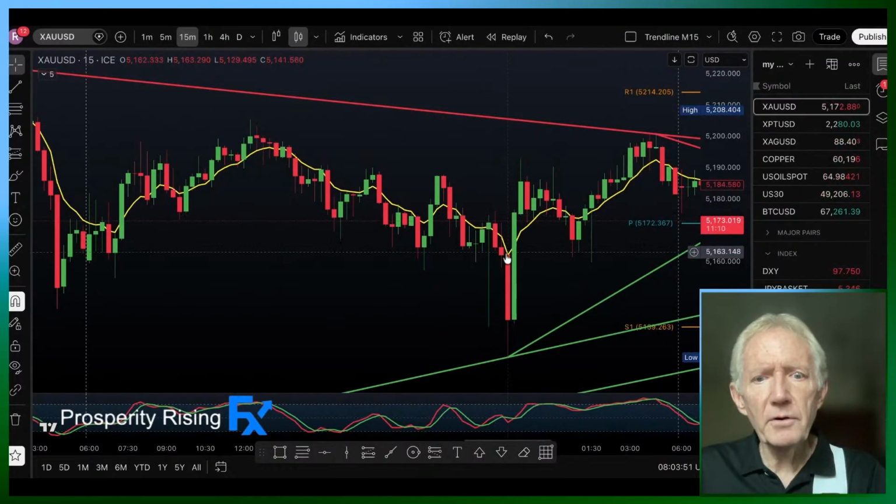And then we saw another deeper sweep to a slightly lower level down to here, and then another rejection at this level here around 51.30.